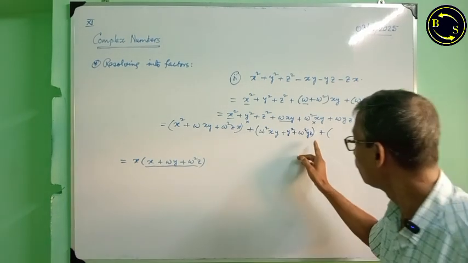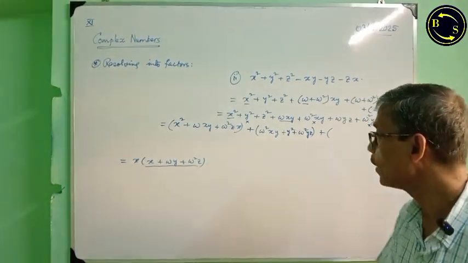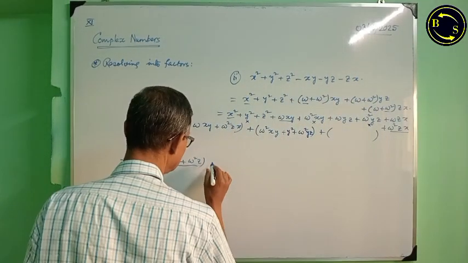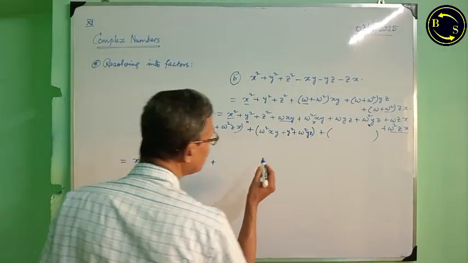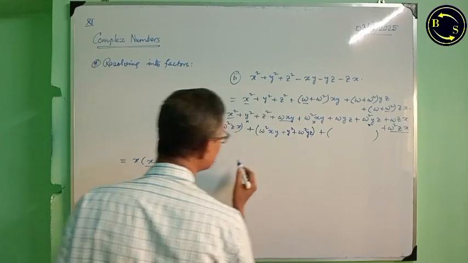First of all, let us note this one and take the common factor. Omega square y is the common factor.